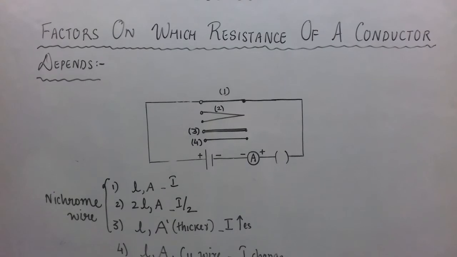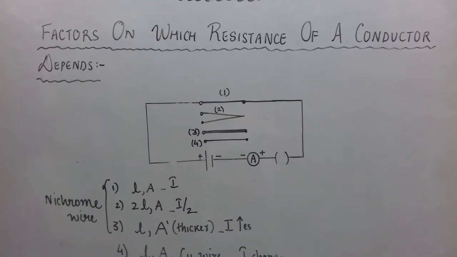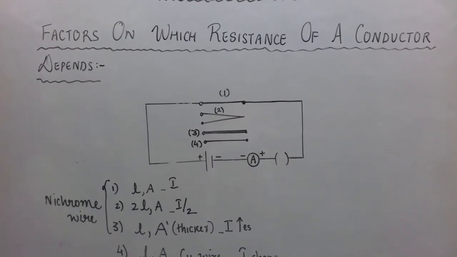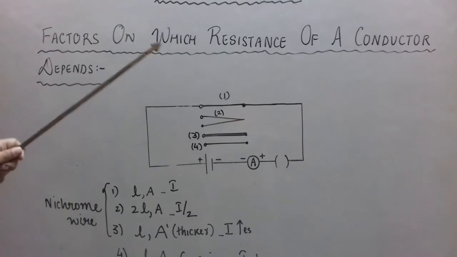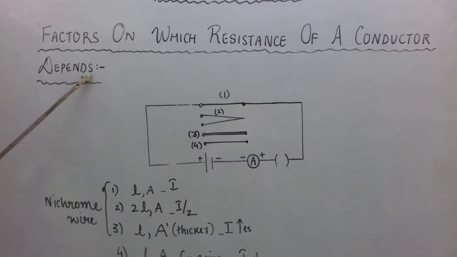So this collision results in opposition, resistance. And different components offer different resistance. So let us see the factors on which the resistance of a conductor depends.